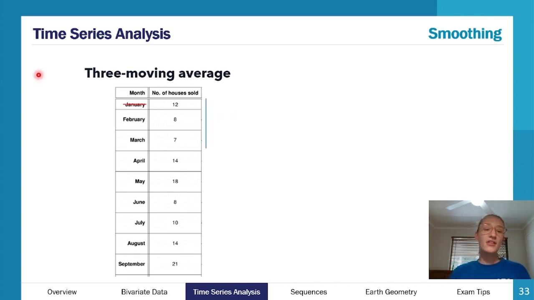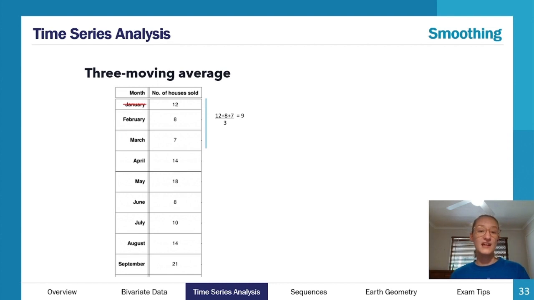To get the 3 mean smoothed point for February, like we said before, we take the point for February, which is 8, and the point to the left or the point before and the point to the right or the point after. So we're averaging the values for January, February, and March, which is 12, 8, and 7.